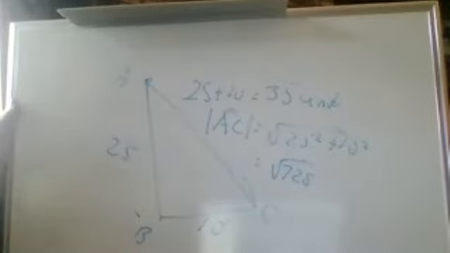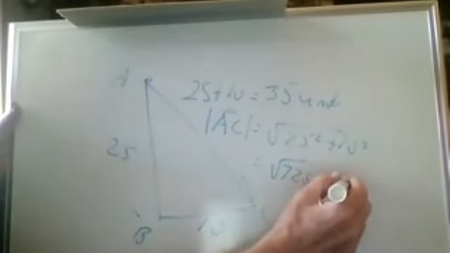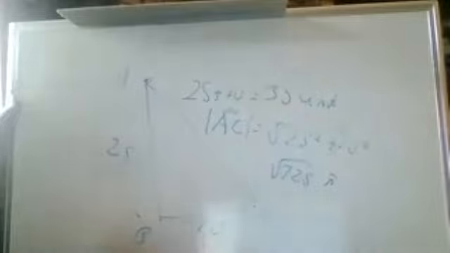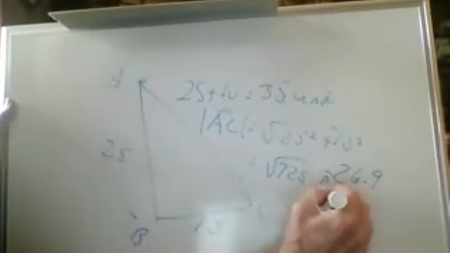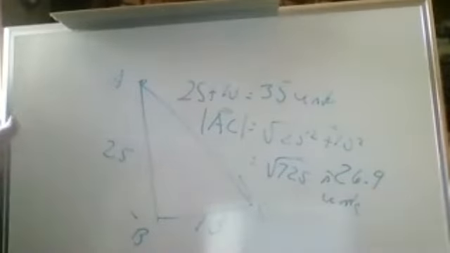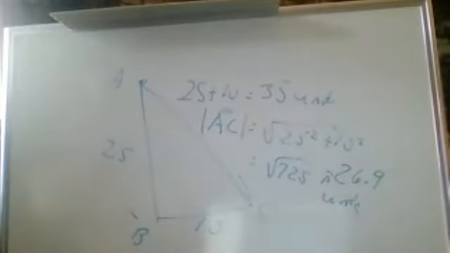And to the nearest tenth, that would be, obviously got to be bigger than 25, approximately 26.9 units, okay?